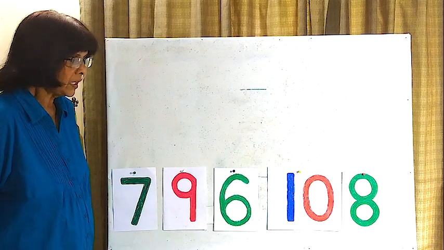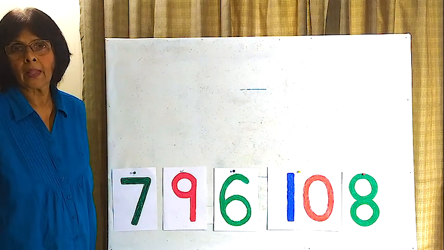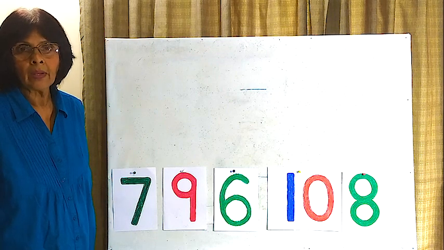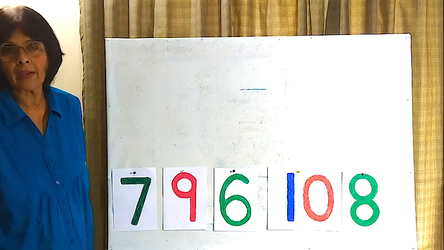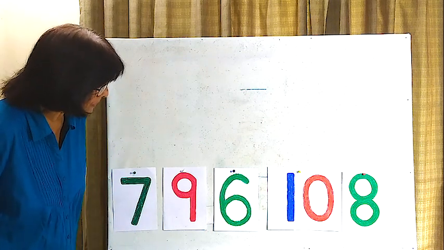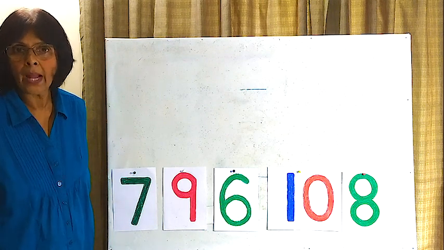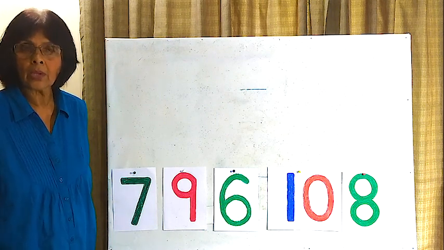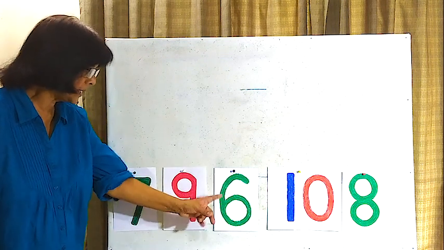Now what is the first number after 5? The first number after 5 is 6. 1, 2, 3, 4, 5, 6.